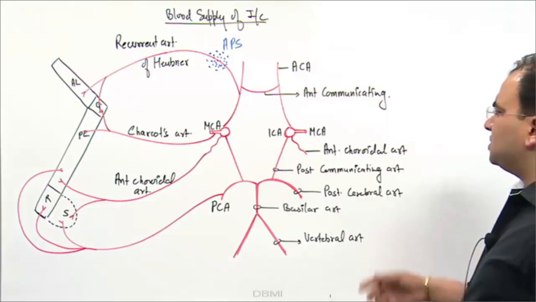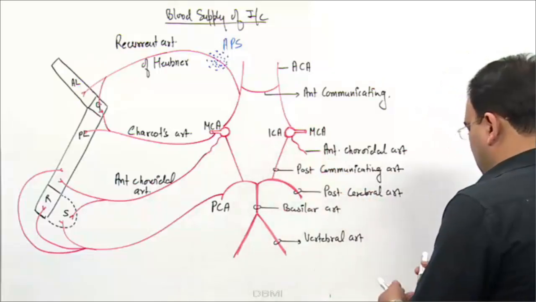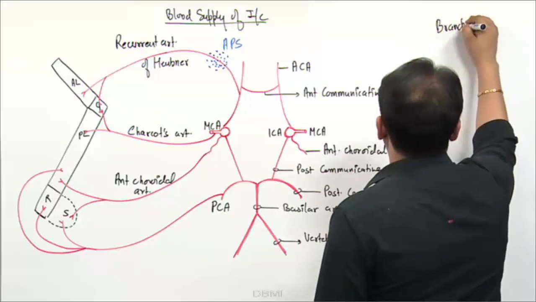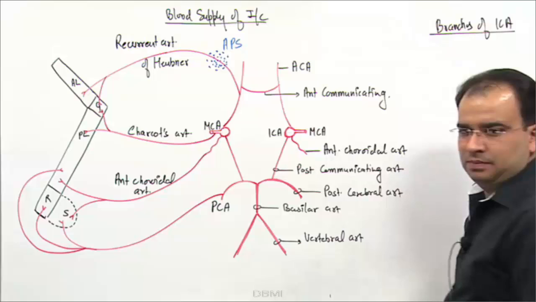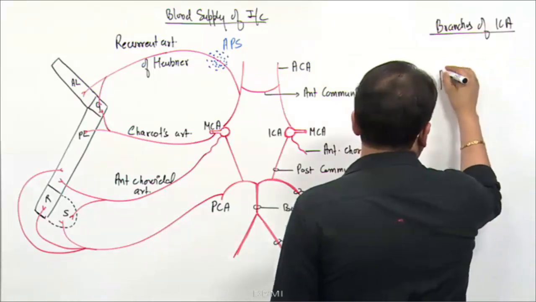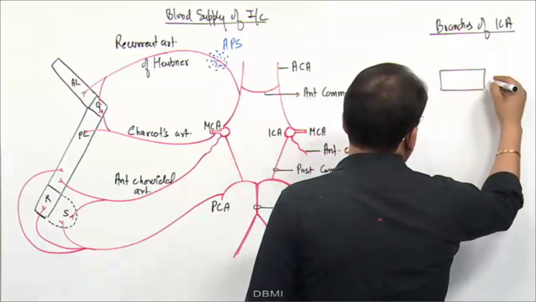Finally, you can see most of the branches of the internal carotid artery here. But let me tell you something more about the branches of the ICA. Guys, there are two parts of the internal carotid artery which we need to look at.